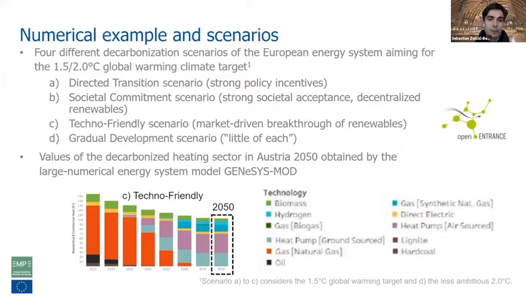As I said, we used the results from the large numerical energy system model Genesis mod, and we used 4 different decarbonization scenarios that are developed in the ongoing Horizon 2020 project Open Entrance. So we used the 4 different scenarios called here directed transition scenario, societal commitment, techno-friendly, and gradual development scenario.